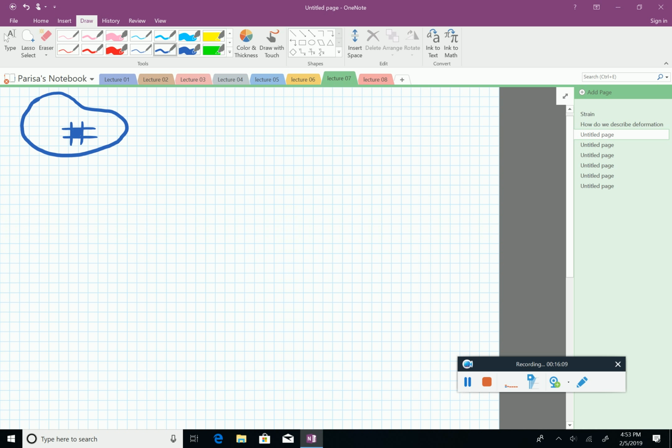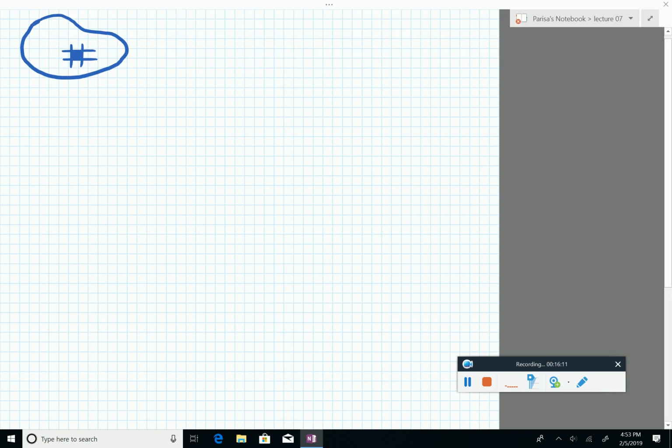And just for convenience, I take a square element. There is no reason not to take a rectangular or anything, but I just take a square to make things easier. And then I try to see what will happen to this element.